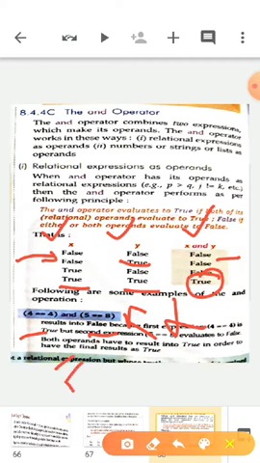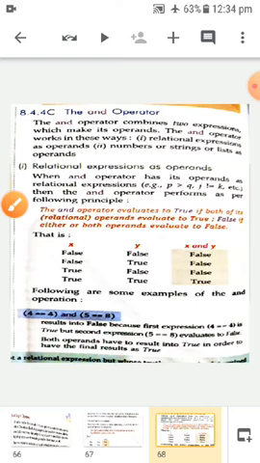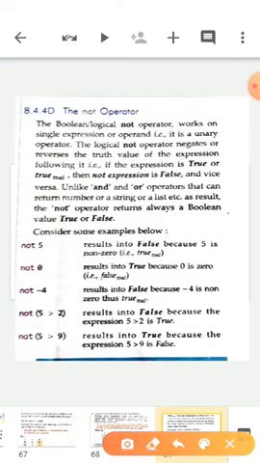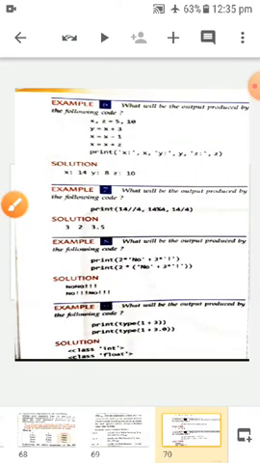In this way you can use the and operator in your programming. Same for the not operator. not 5 means whether that variable is not equal to 5. In this way we will use these operators in our programming. not 0 results in true because 0 is zero. Okay, not -4 results in false because -4 is non-zero. So in this way you can use such kinds of things.